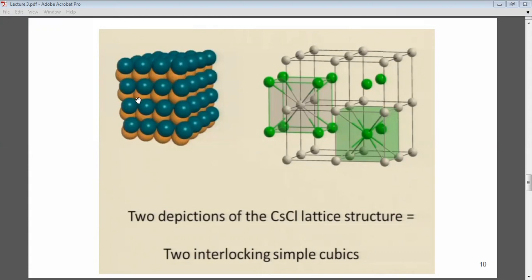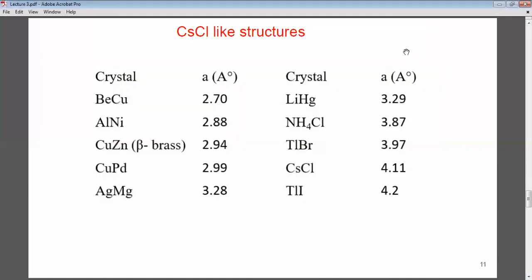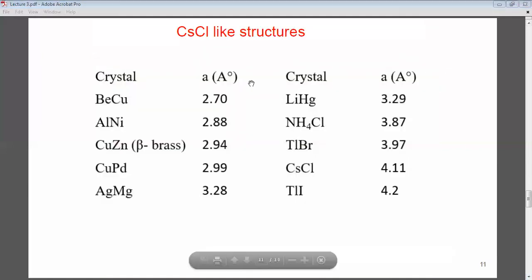And if I look at the brown ones, I find another simple cubic structure made up of chlorine atoms. So I have two interlocking simple cubics. This structure is quite common in nature, and we can find beryllium copper, aluminum nickel, and cesium chloride, all having exactly the same structure. So we say that beryllium copper has cesium chloride structure.